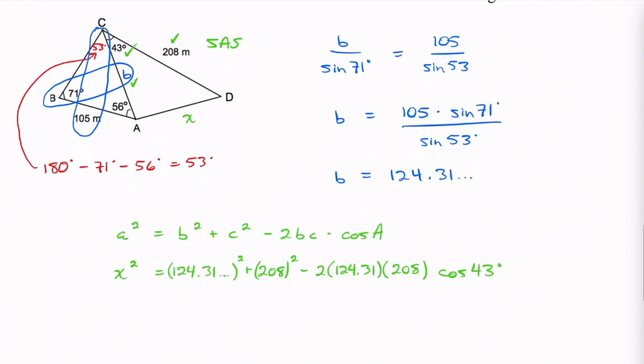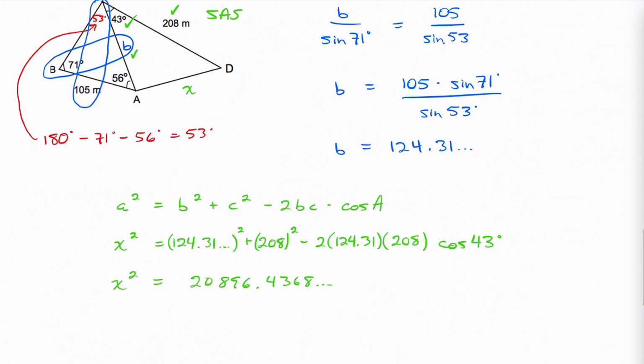Okay, so simplifying that right-hand side, if you throw all of this in your calculator, you're going to get 20,896.4368, and then some more decimals.